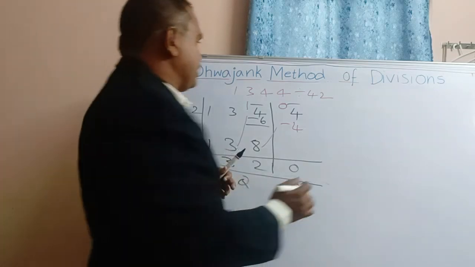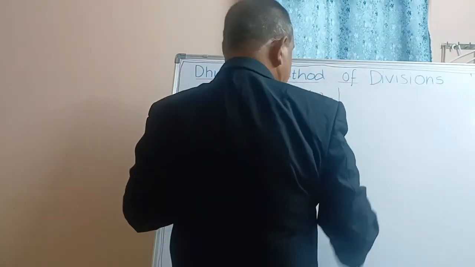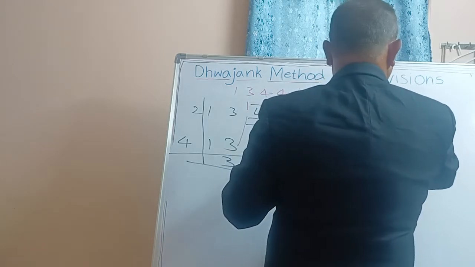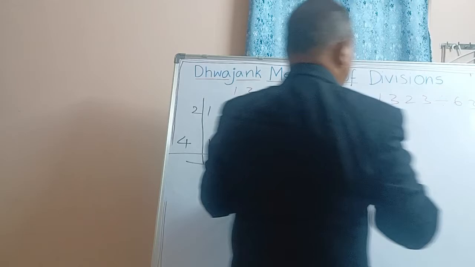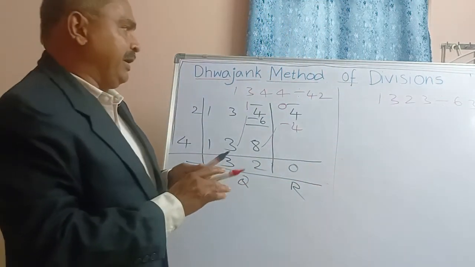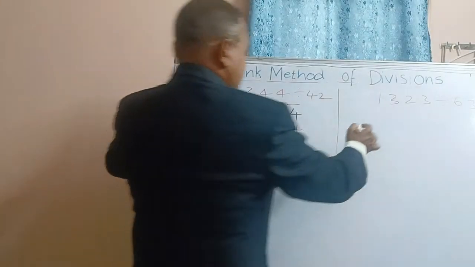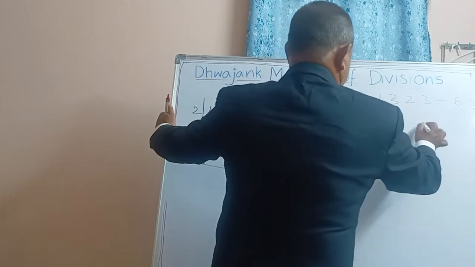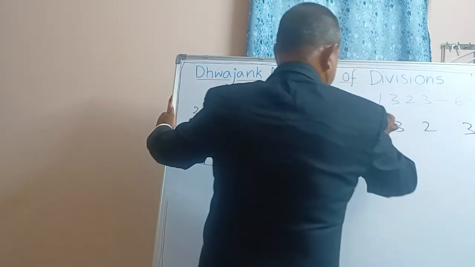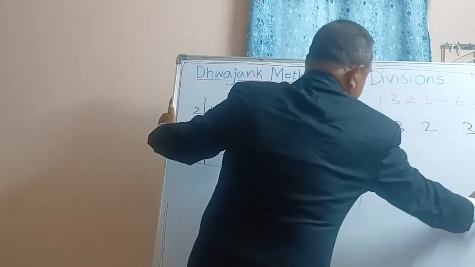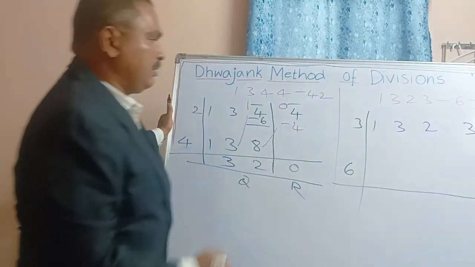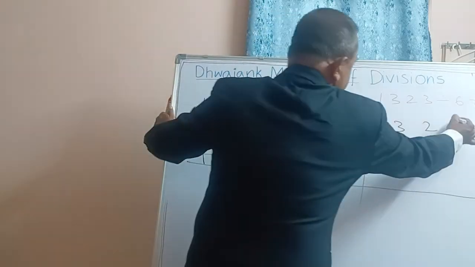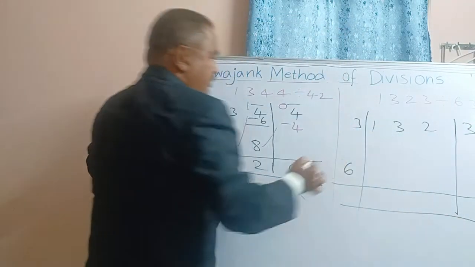Let us see one more example. 1323 divided by 63. This is the remainder part.